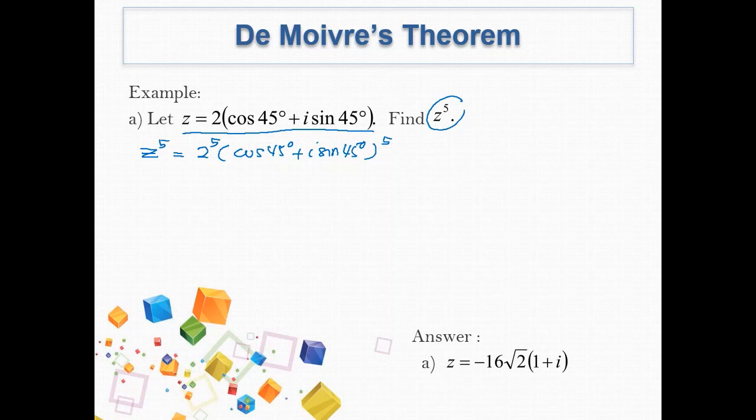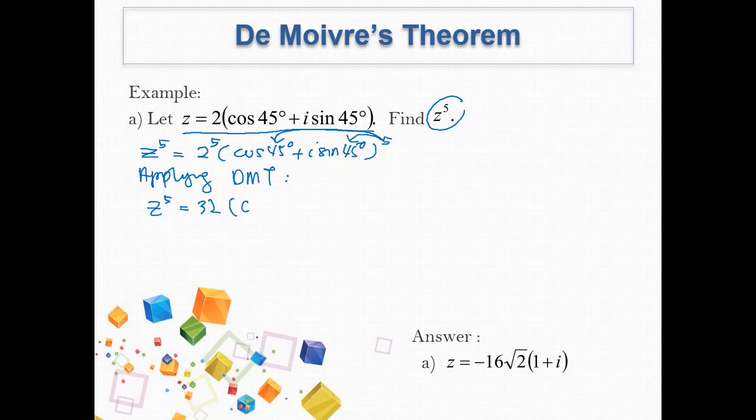Applying the De Moivre theorem, now our r will be 2 to the power of 5, that is 32. For all the terms inside, by applying the De Moivre theorem, 5 will be multiplied to the angle.